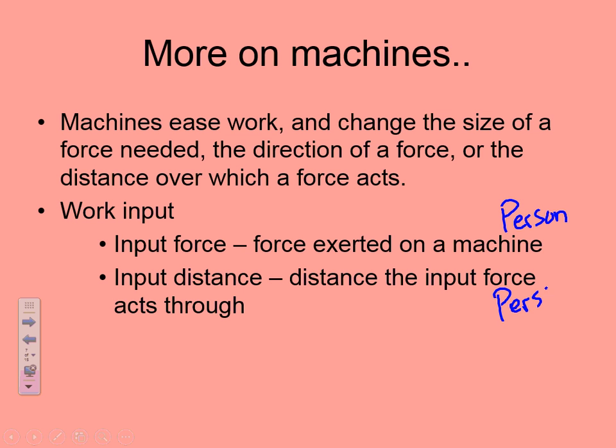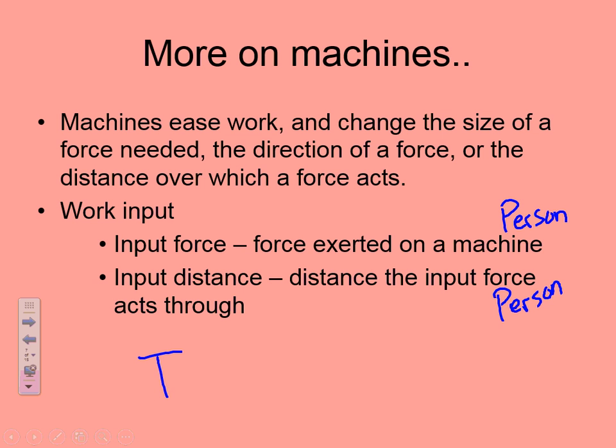If you could think of this as a bottle opener, your input force is the amount of force that you're applying down on the lever. The input distance is the amount of distance you're moving the lever. So we have work, we have input force and input distance.